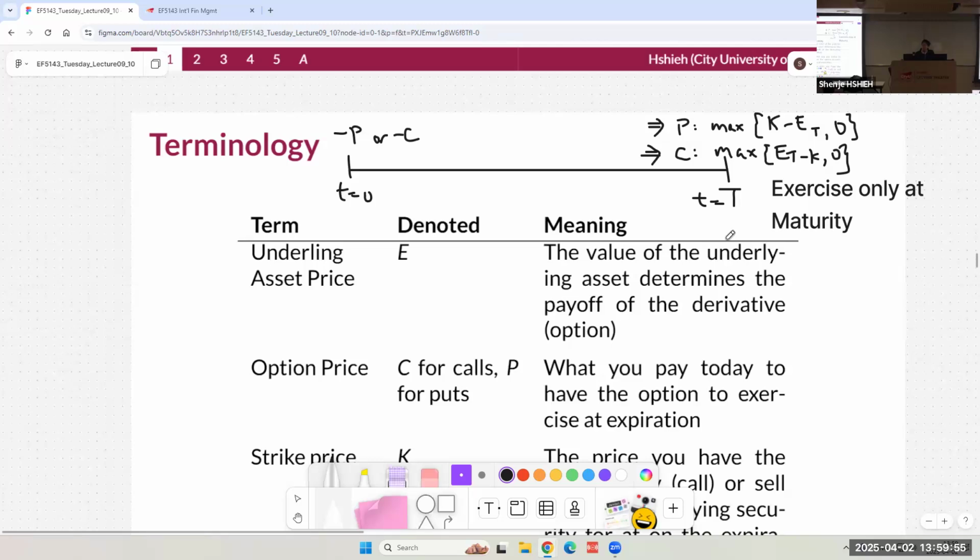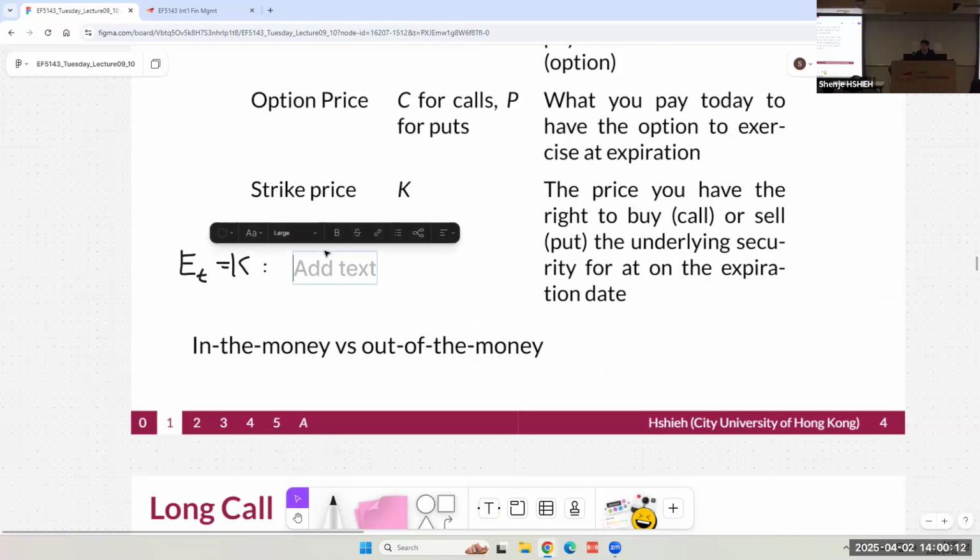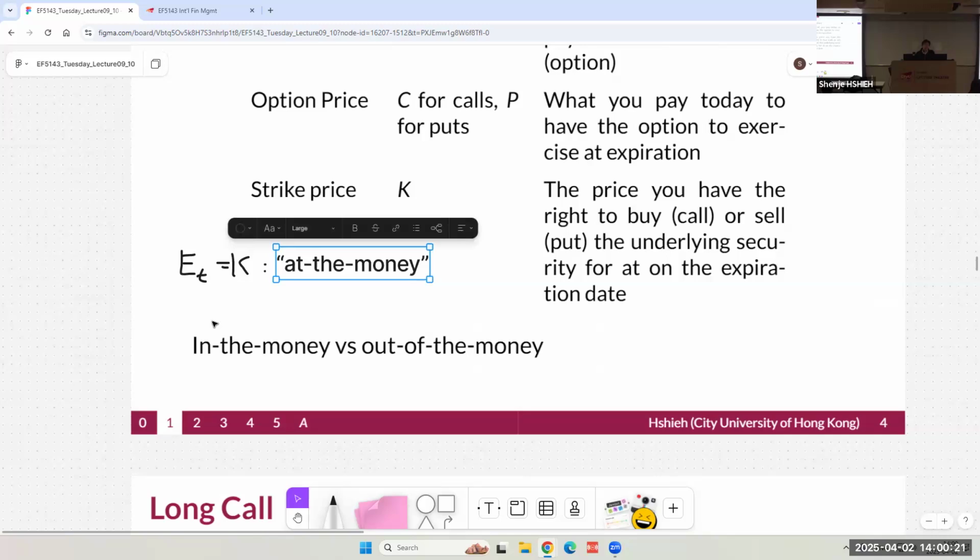And in fact, we have different ways to name these scenarios. So when you have the underlying asset, so let's say at an arbitrary small t equal to K, this is called at the money. For obvious reasons, right? It's precisely at the strike price, so you're breaking even if you choose to exercise, hypothetically, if you could, right?